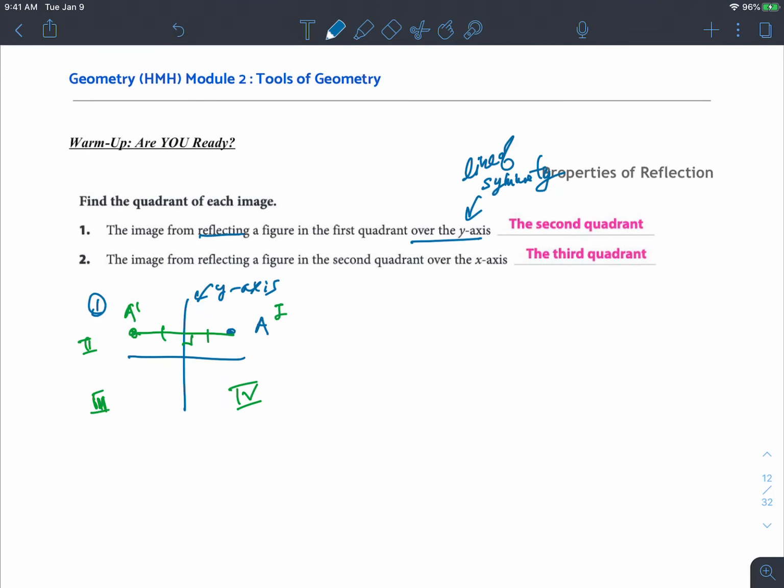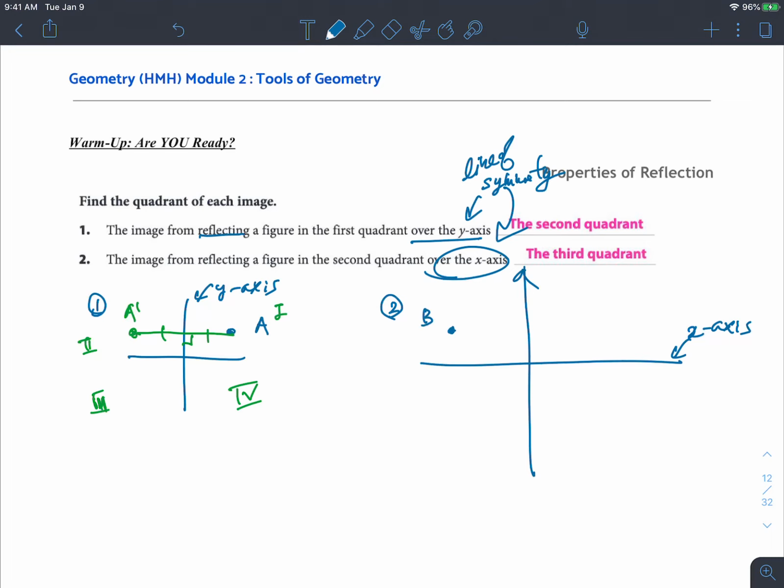The second one is the image from reflecting a figure in the second quadrant over the x-axis. So question number 2 is that my line of symmetry, in this case, is the x-axis right here. And the image was in the second quadrant, which is here. So if we fold the paper along this way, it should be going along this way.